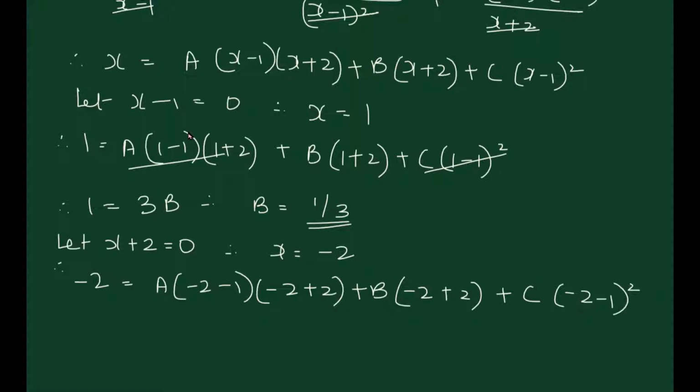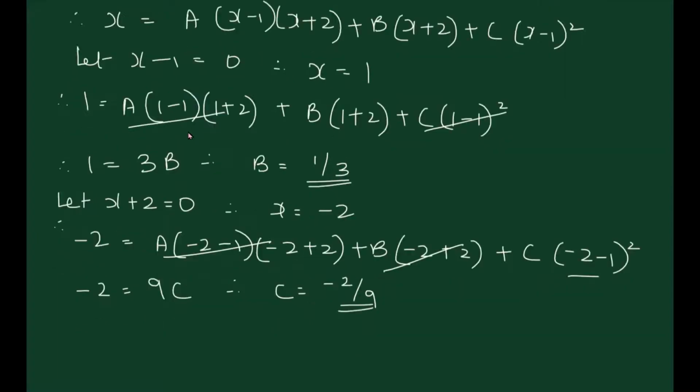Now in this case again minus 2 plus 2 is 0, so wherever that bracket is there, the term becomes 0. So a and b go away. We get minus 2 is equal to minus 3 square, which is 9, so 9c. Therefore c is equal to minus 2 upon 9. So we got the values for b and c.